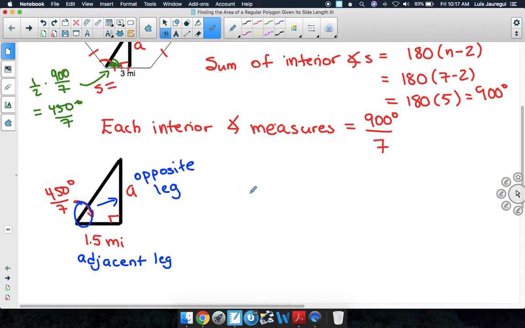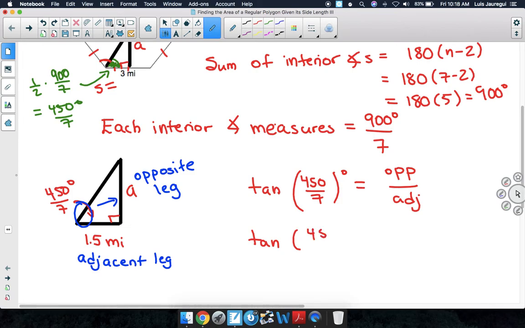So we can say, therefore, that the tangent of 450 divided by 7 degrees is equal to opposite over adjacent. So let me write that down. We have the tangent of 450 divided by 7 degrees is equal to the opposite, which happens to be A, divided by the adjacent, which is 1.5.